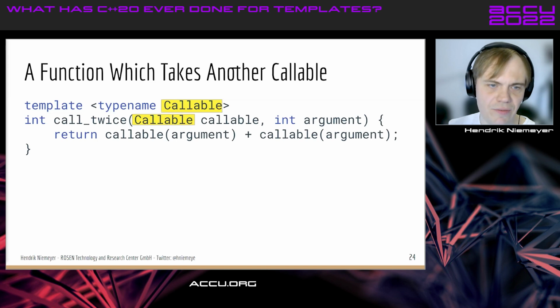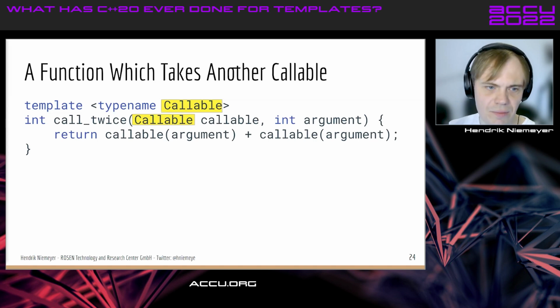By looking at the function declaration, we maybe can guess that the callable should take an int as an argument. And by looking at the return type of the call twice function, we might also guess that it should return an int, but we cannot be sure. So we have to look at the function body of the call twice function to really understand that.